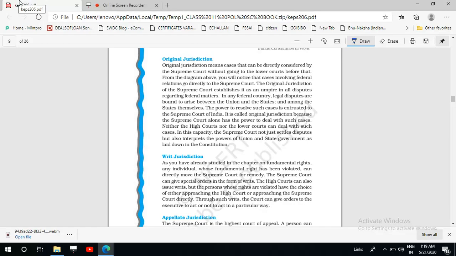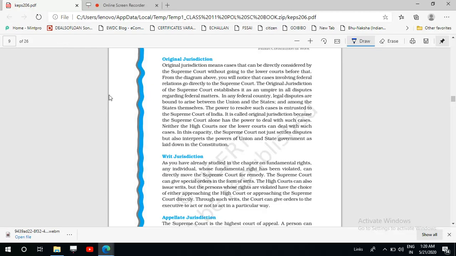And other than this, there are many other examples also when the Supreme Court has used its original jurisdiction in such situations. And after this, we will see, this is the important original jurisdiction of the Supreme Court. And after this, we will see the writ jurisdiction of the Supreme Court.